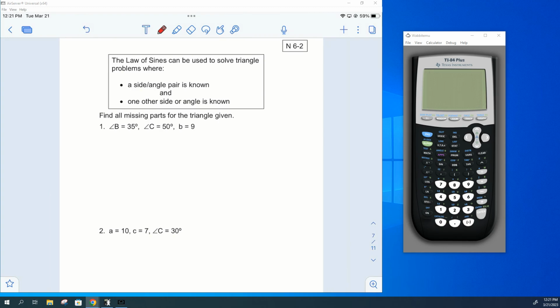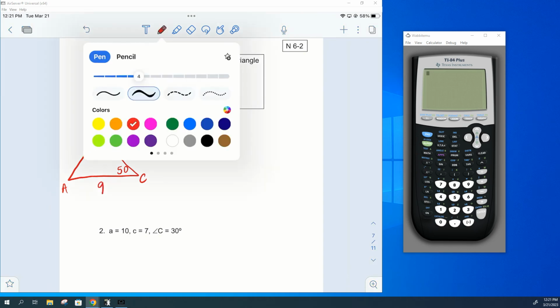If we draw triangle ABC, and as you know, all my drawings are not to scale, mine all look equilateral, even though they're not. If I label the given, so this is 35, angle B, this is angle C, and side B is 9. So that's my given information.